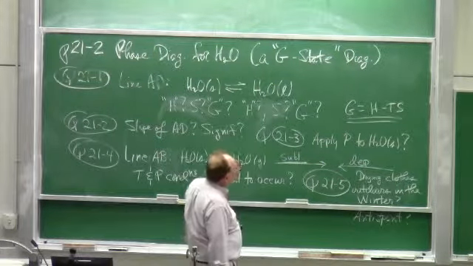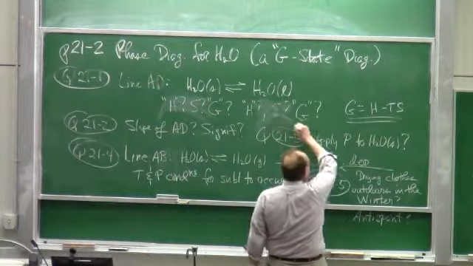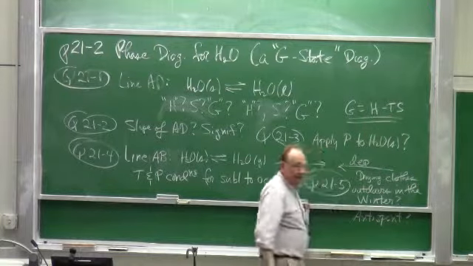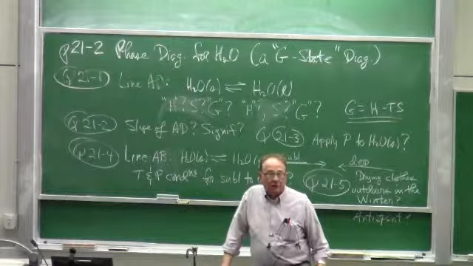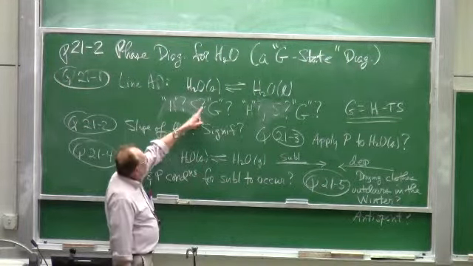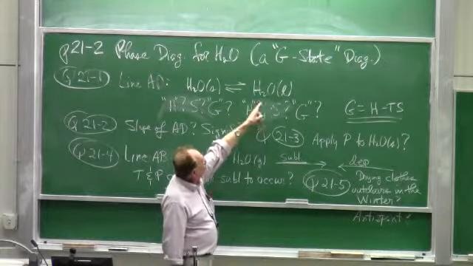So what we have here is an equality between these things. Or put another way, how does the G state of water solid compare to the G state of water liquid?